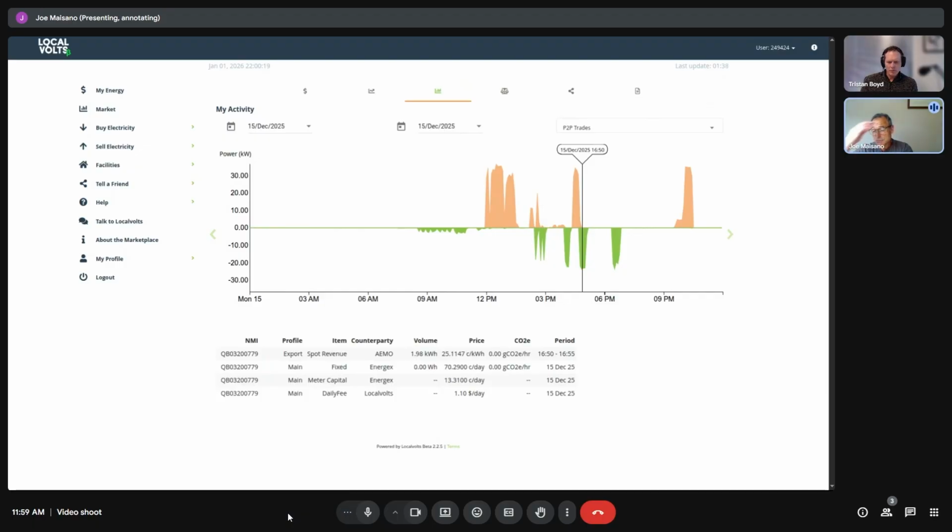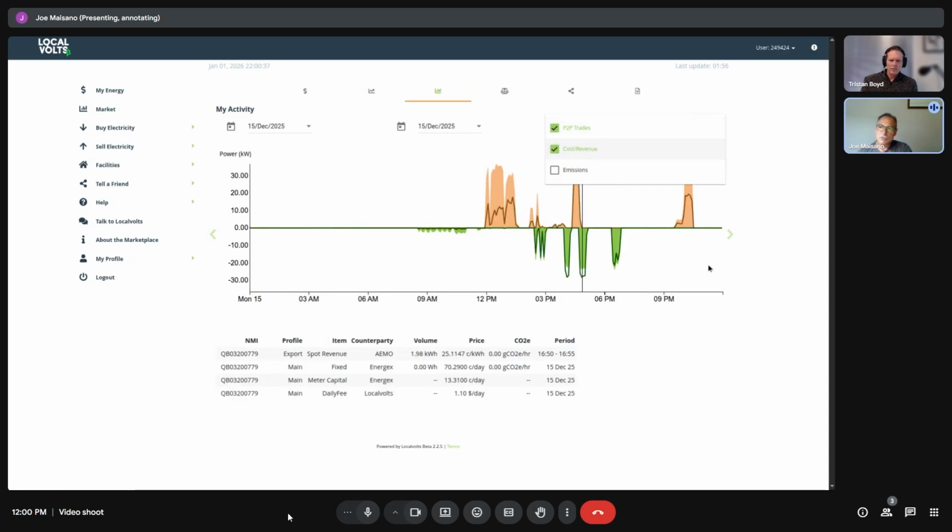Yeah. So one thing we can actually do up here on the selector is overlay certain lines. So, for example, by default peer-to-peer trades are overlaid, but this customer doesn't appear to be doing any peer-to-peer trades on this day, only spot trading.